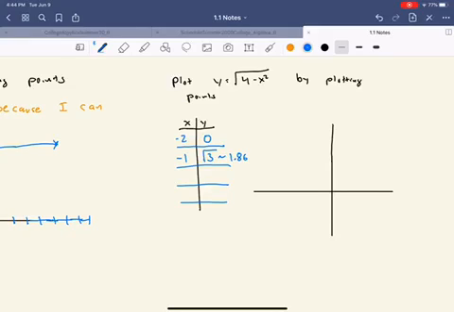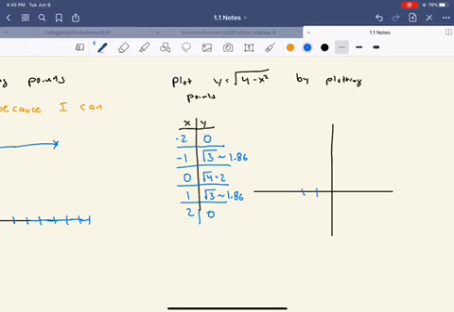That'll help us when we're graphing. If I plug x equals 0, I'm going to get the square root of 4, which is exactly equal to 2. If I plug 1 in for x, I'm going to get the square root of 3 again. And then if I plug 2 in for x, I'm going to get 0 again.